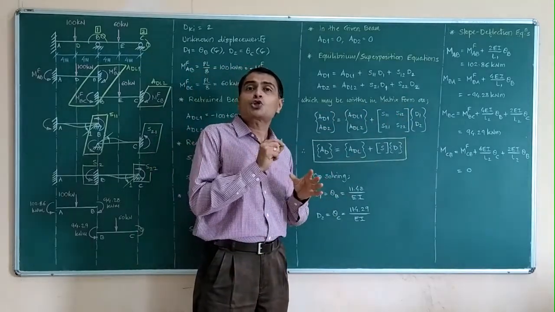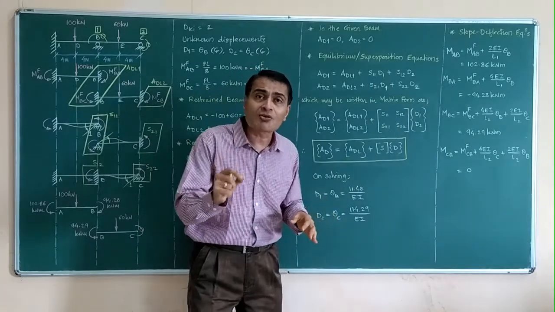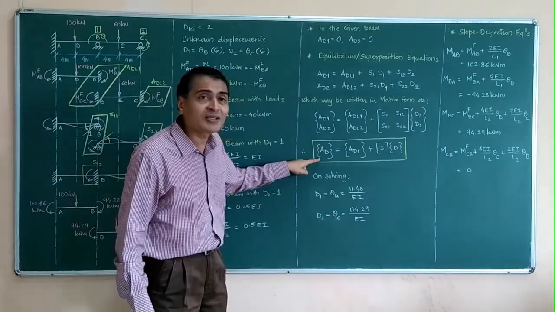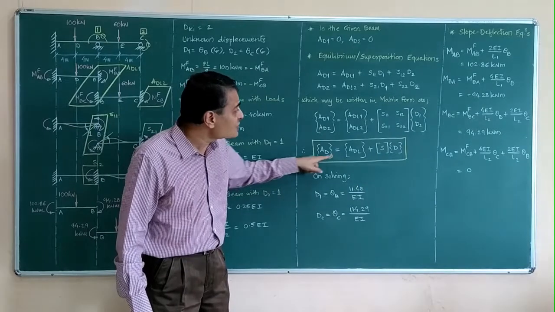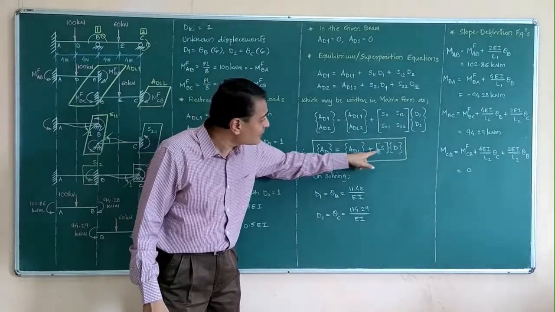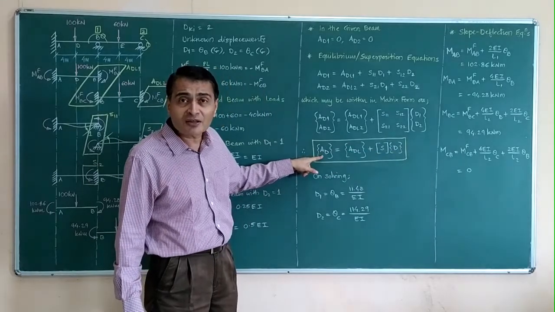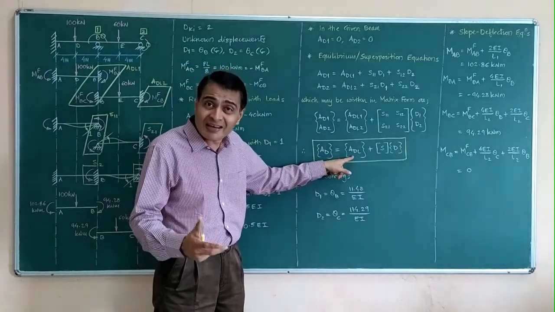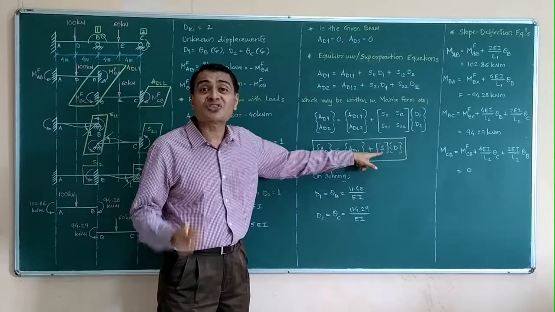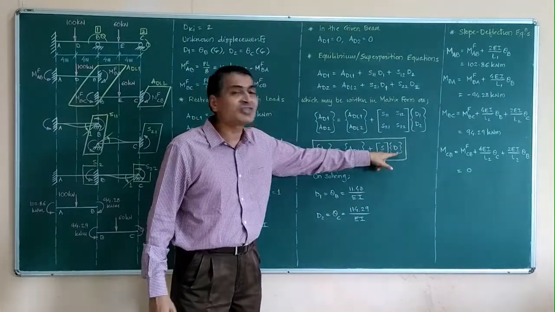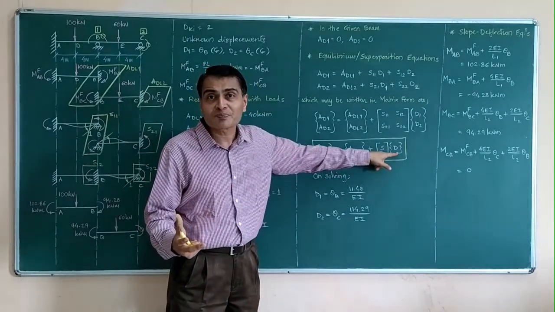This in shorter form, in notation form, can be expressed like this: AD is equal to ADL plus S into D. This is nothing but AD vector, this is nothing but ADL vector, this is nothing but stiffness matrix, and this is our displacement vector.